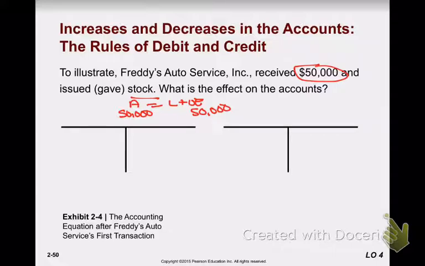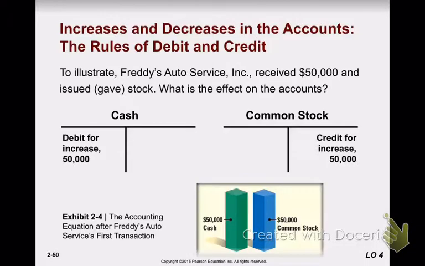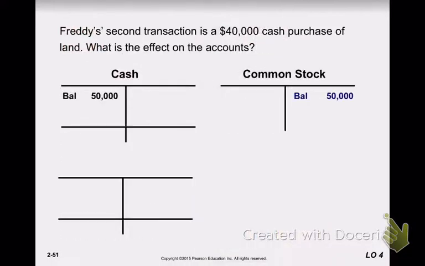If we look at it in the T account format, here's our cash with our debit for the $50,000, and here's our common stock with our credit for the $50,000. So you see cash and common stock going up for both.